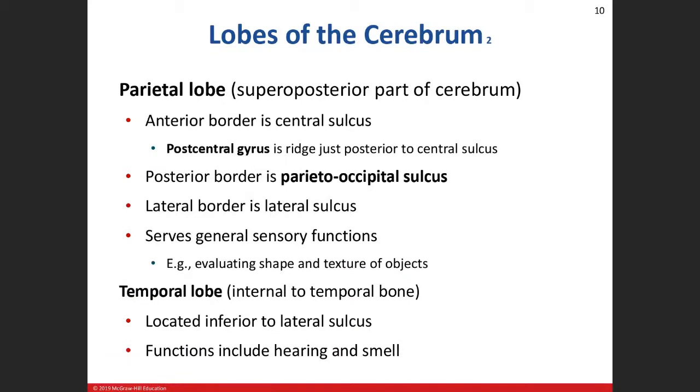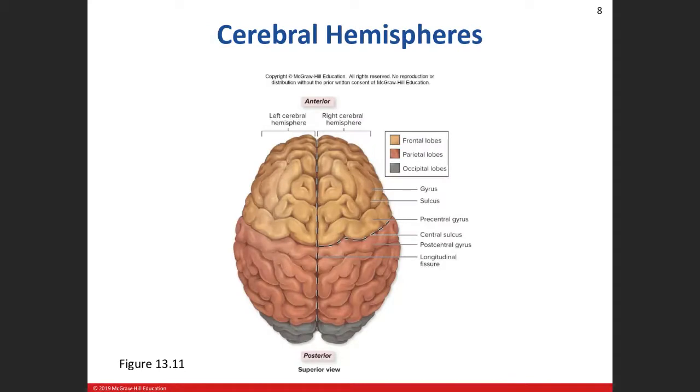Okay, so let's talk about the second lobe, the parietal lobe. You kind of remember where the parietal bone was on the skull. That's on the back side portion of your head. The parietal lobe is going to sit behind the central sulcus. And that first gyrus right here, that's the post-central gyrus. Functionally, that is known as your somatosensory cortex.